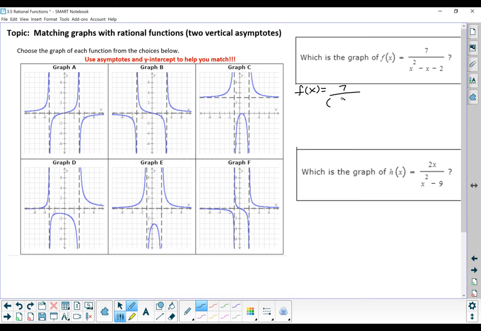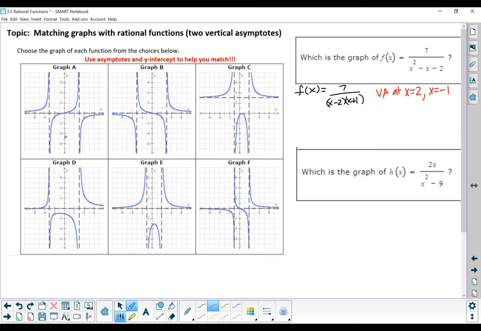So the denominator of this function is going to factor as x minus 2 and x plus 1. So we would look for, on the graph, vertical asymptotes at x equals 2 and negative 1. So let's see, 2 and negative 1.